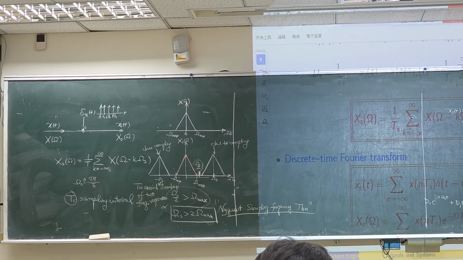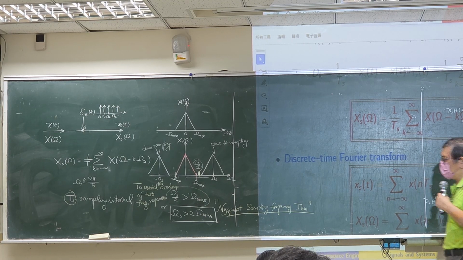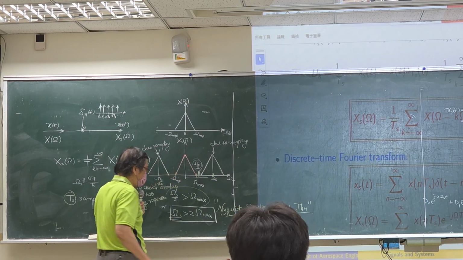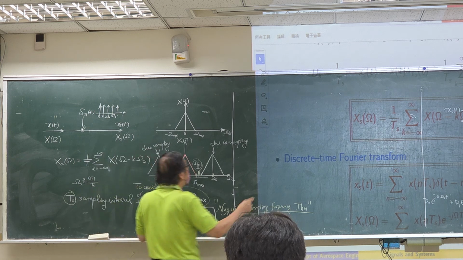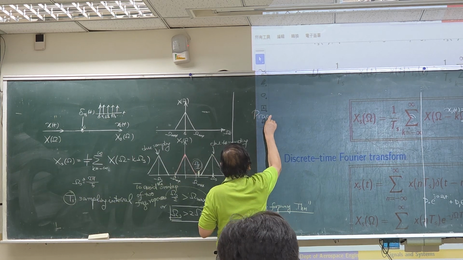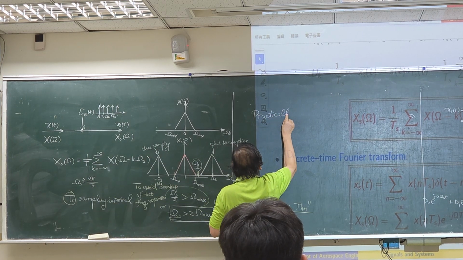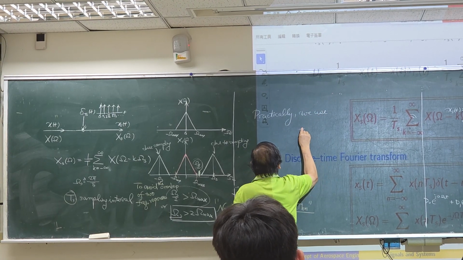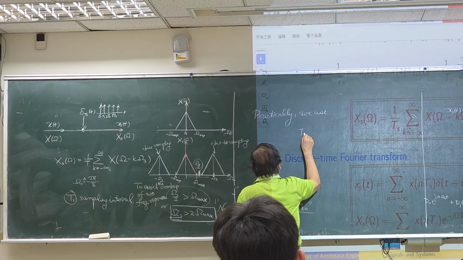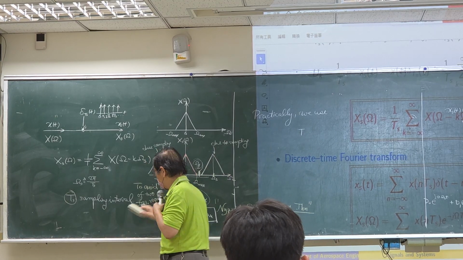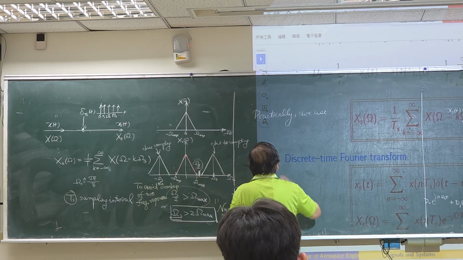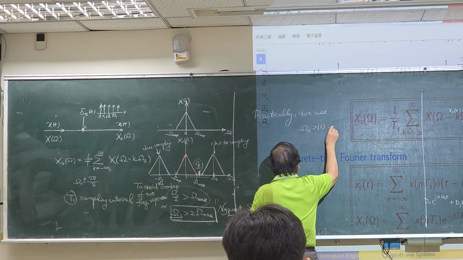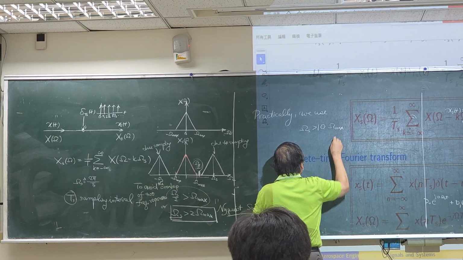But practically speaking, this is the theoretical number. Okay? Practically, we use omega s bigger than 10 times omega max in many cases.